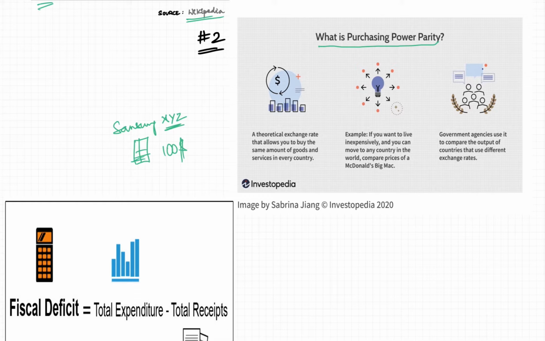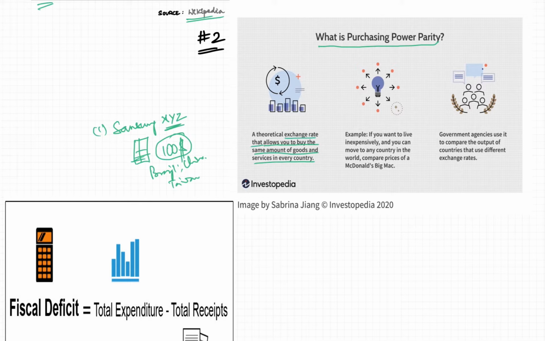I should get the same mobile across Brazil, if I go to China, if I go to Taiwan, if I go to Japan, wherever I go, it should come only in $100, not more than that. That is what we say by purchasing power parity: it allows you to buy the same amount of goods and services in every country.